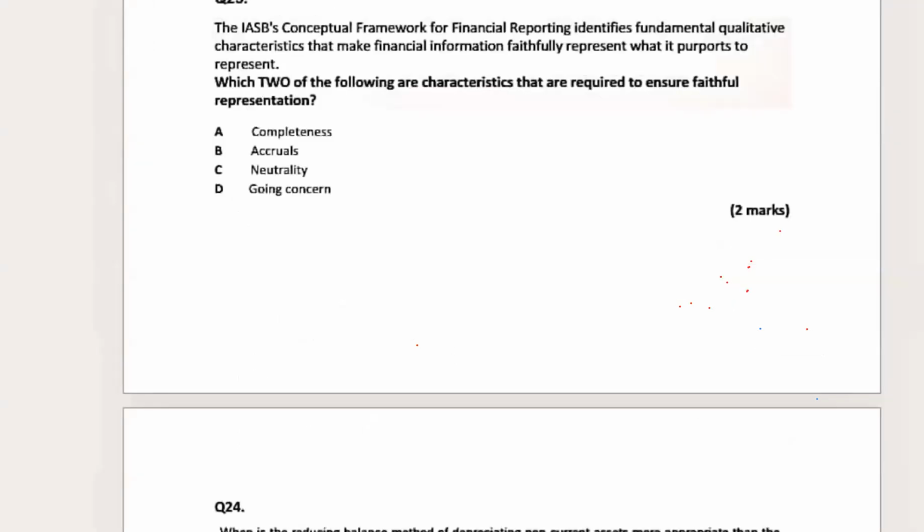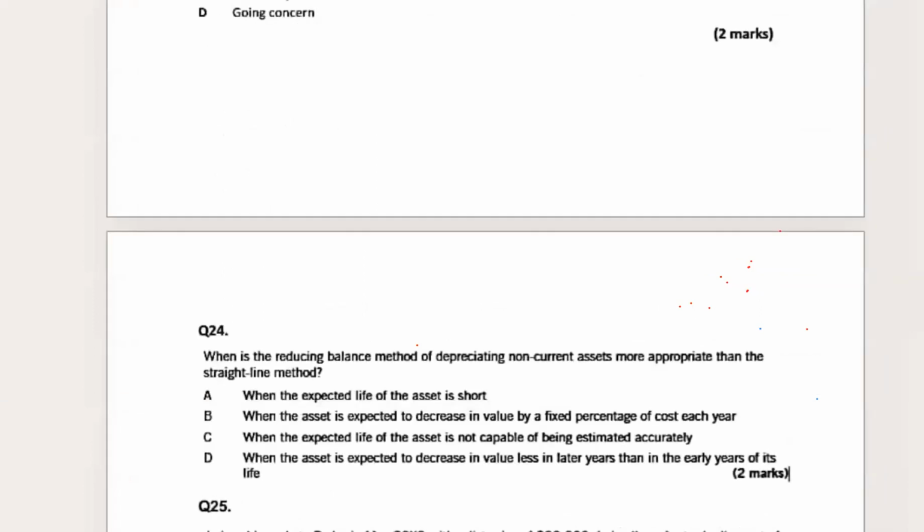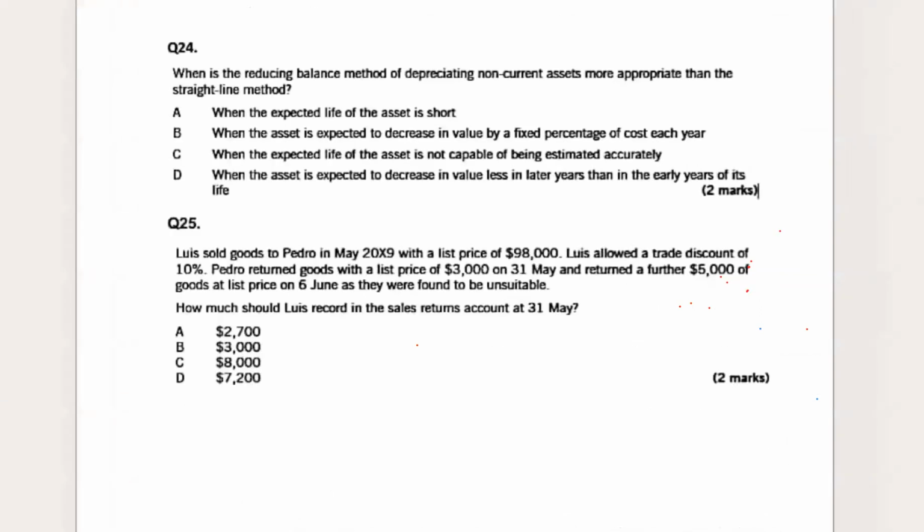A and C, because I lost network. Completeness and neutrality. Okay, perfect. Yes, because accruals and going concern are accounting concepts. Okay. Hello, sir. You can read. You said number 4 or 24? 24. Okay, sir.